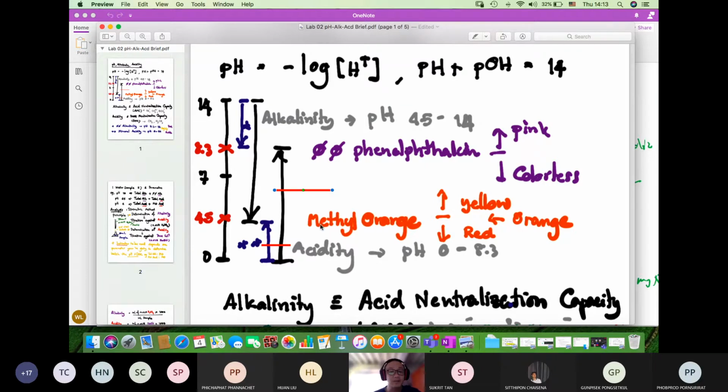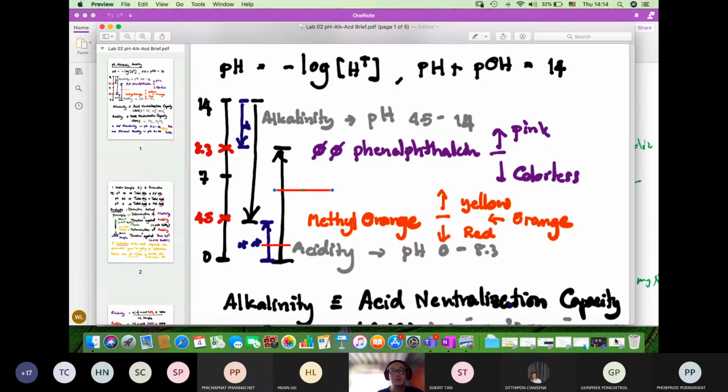On the other hand, for the methyl orange, if the pH is less than 4.5, it will show a red color. If the pH of the water sample is above 4.5, it will show a yellow color. The transition is orange. This is how these two indicators change color.